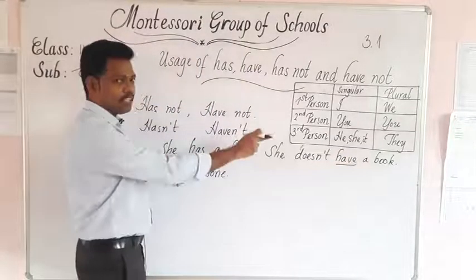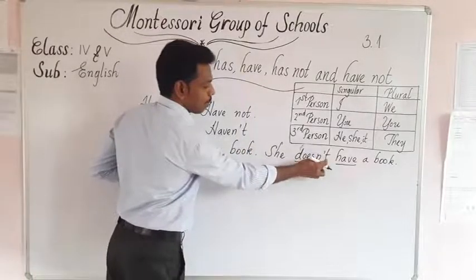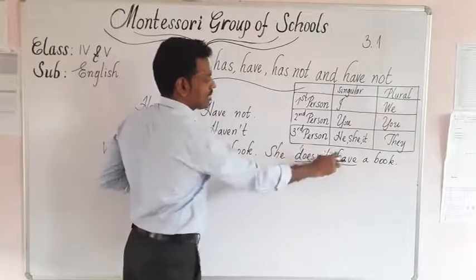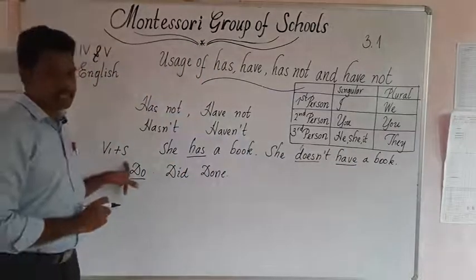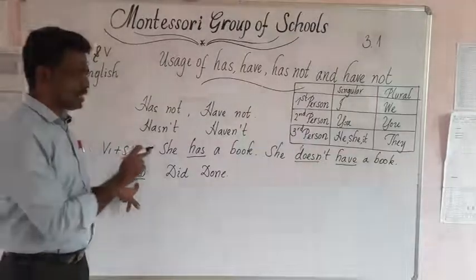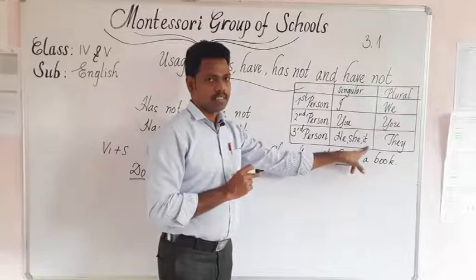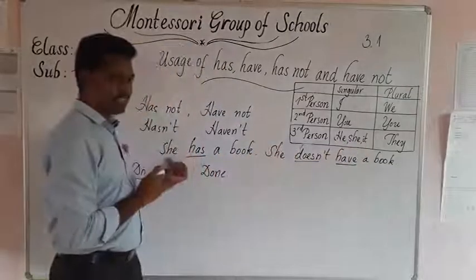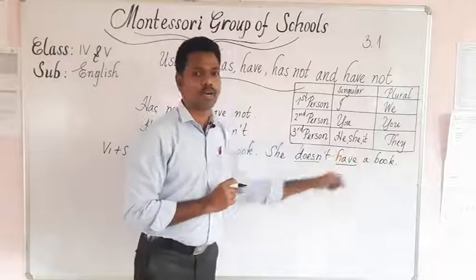When we change it into negative, we have to bring does and bring the negation. She doesn't have a book. As I told you, V1 plus S. With the do, we are adding S when the subject is singular. So our case is she. She is singular. So she does not have a book.